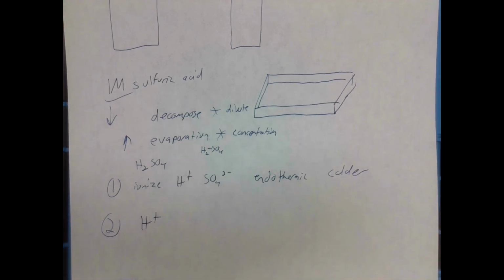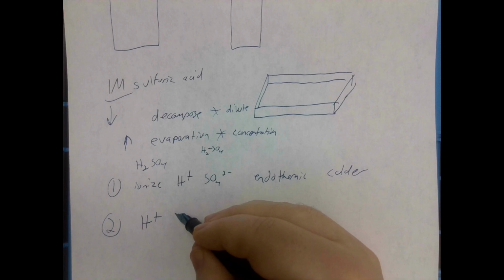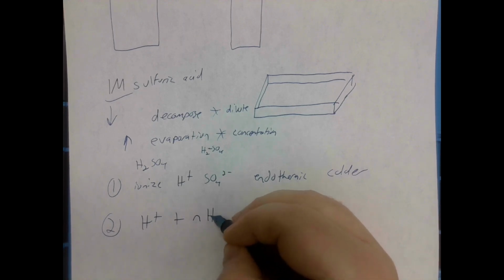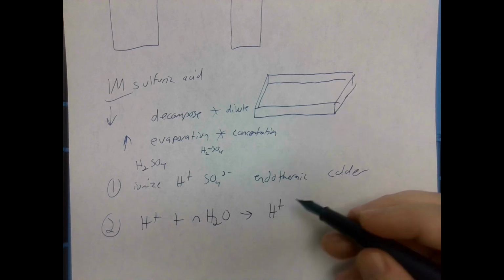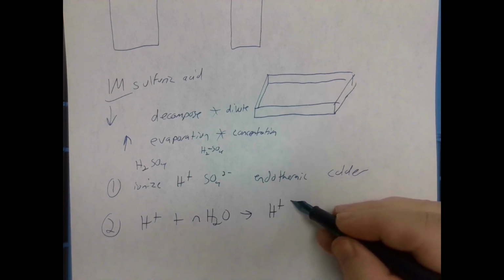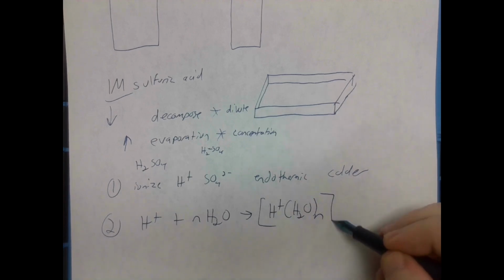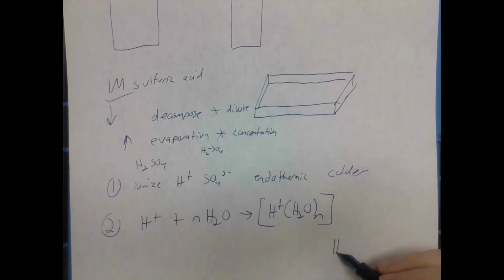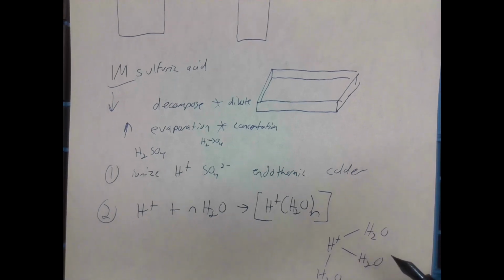H plus is unstable by itself. It's just a proton. It likes to instead react with water to make H plus H2O, a hydrate. Basically, the proton is going to be loosely bonded with a whole bunch of water molecules.